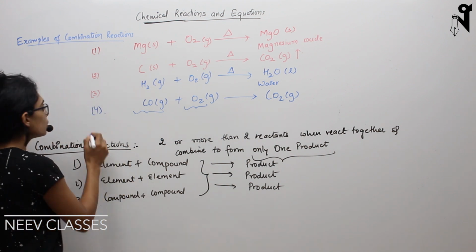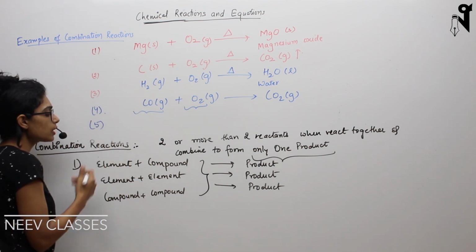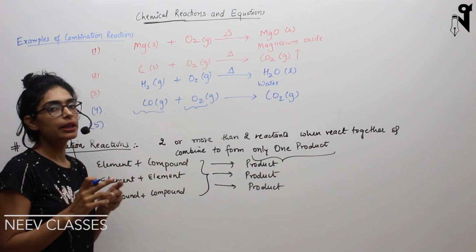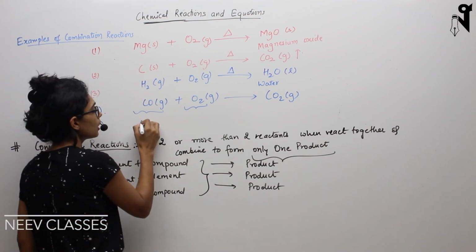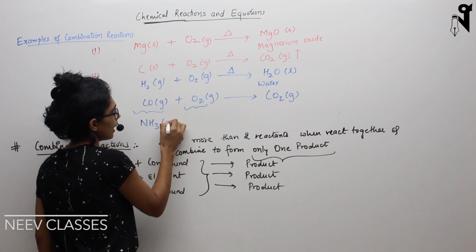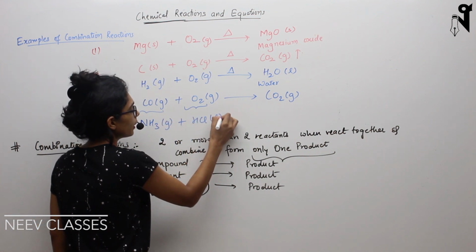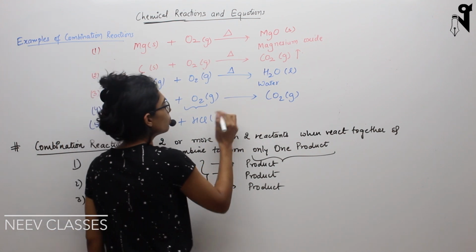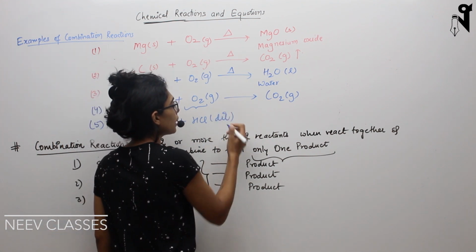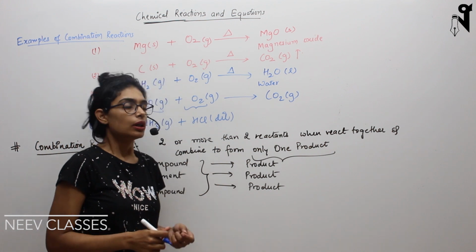Now I'll show you one more example where you have two different compounds taken, combining and forming one single compound. So if you take NH3 gas plus HCl liquid or aqueous or dilute, meaning dissolved in water.